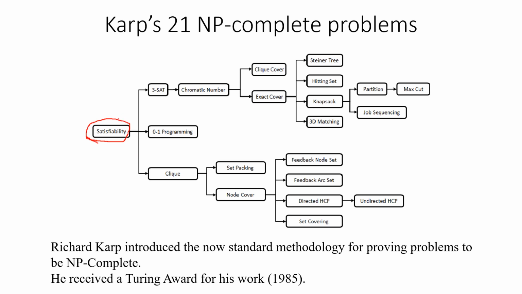Then this satisfiability problem is reduced to 3 SAT, then 0-1 programming, and the clique problem. So Richard Karp showed this diagram of the 21 NP-complete problems, which shows the best way to reduce from one problem to another. And in 1985, he received a Turing Award for this work.